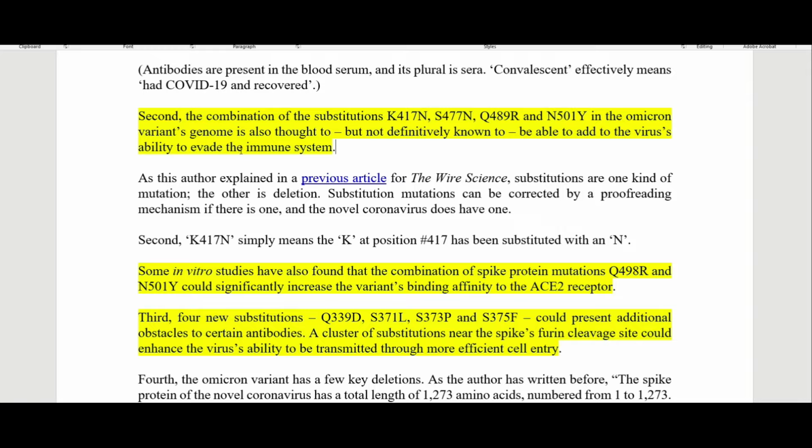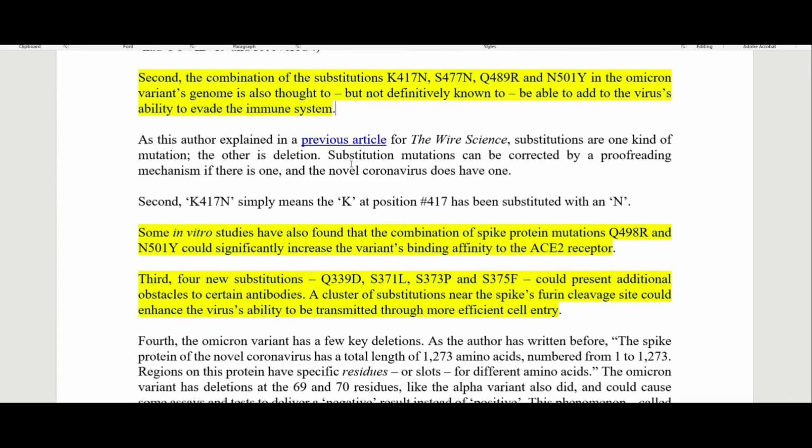And the Omicron variant's genome is also thought to, but not definitively known to, be able to add to the virus's ability to evade the immune system. So once again, making it more resistant to the immune system.